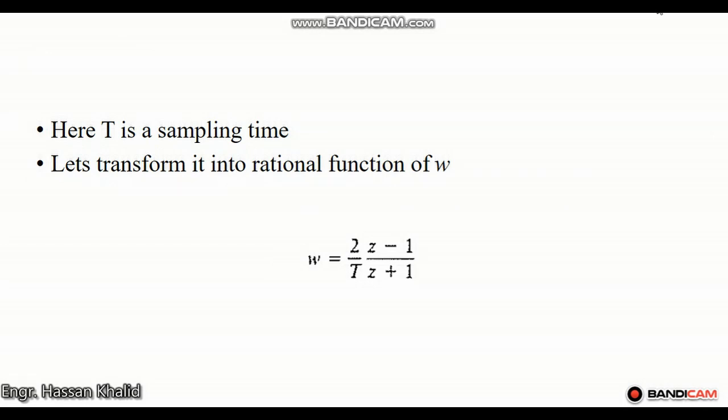Now let's transform this bilinear equation in terms of omega, and we get omega is equal to 2 over T into z minus 1 divided by z plus 1, and here the T is the sampling time.